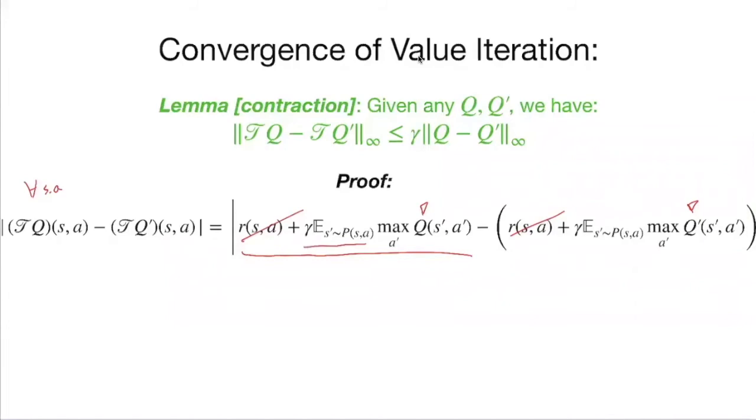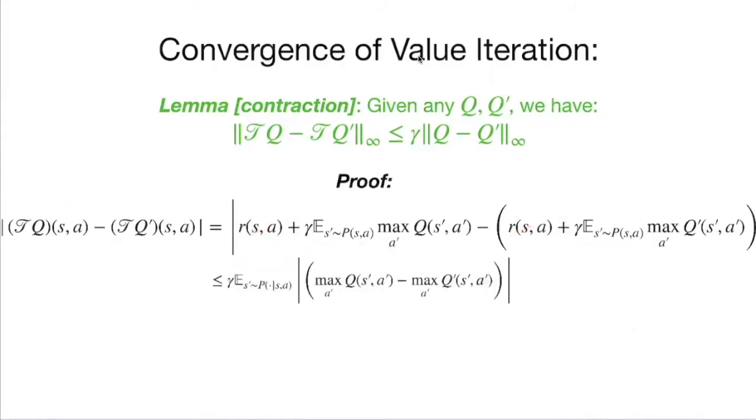So we can use the trick that we saw probably twice already: we can pull the expectation outside the absolute value. That's what we did here. Now as you can see, the expectation is outside of this absolute value.